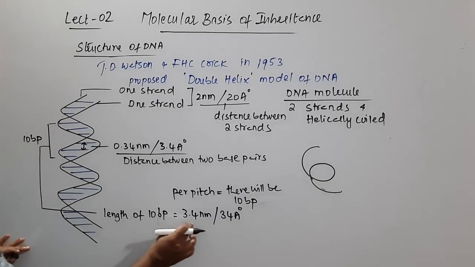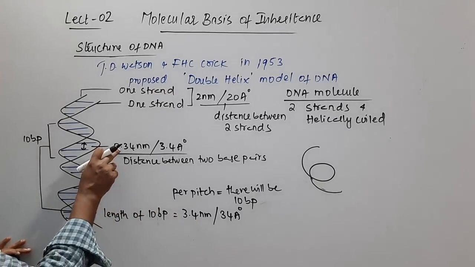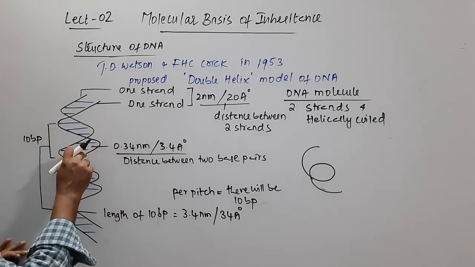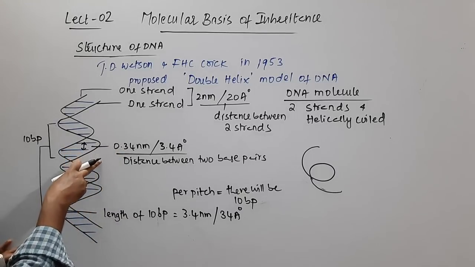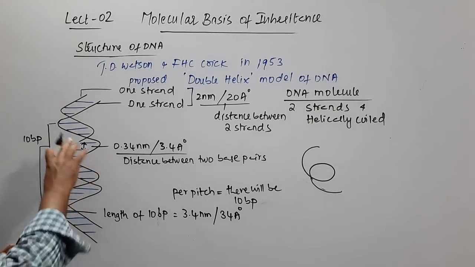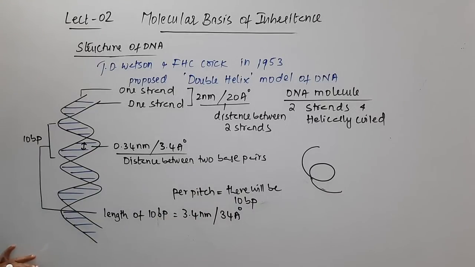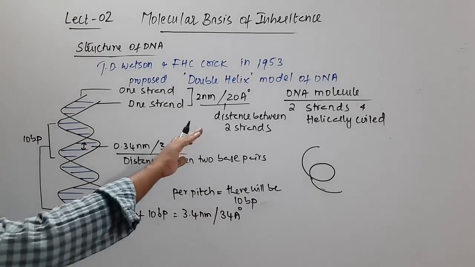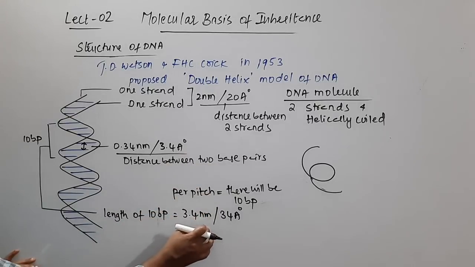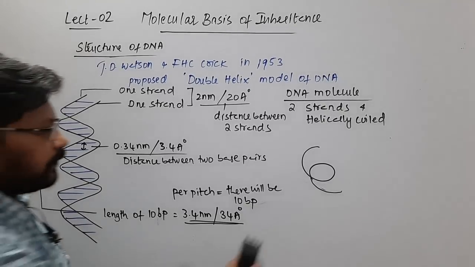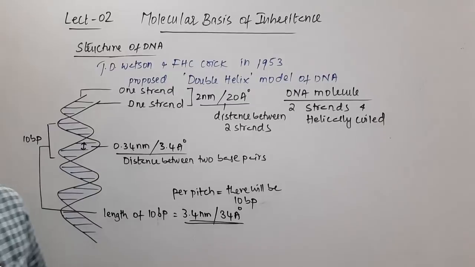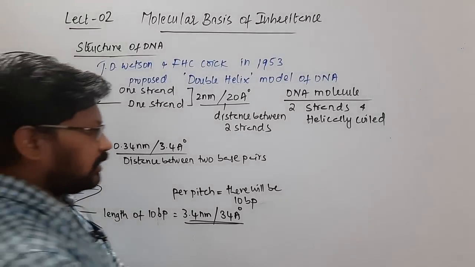Here 0.34 is the distance between two successive base pairs, and in a pitch there will be 10 base pairs, and the total length of those 10 base pairs, from one end to the other, is 3.4 nanometers or 34 angstroms. Next, the two strands are complementary to each other.